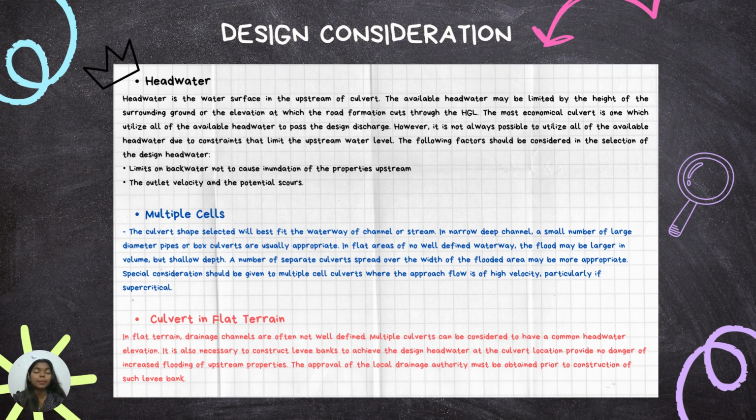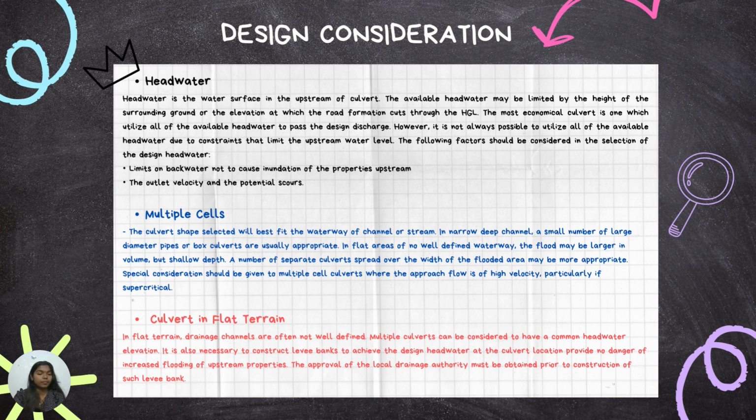A number of separate culverts spread over the width of the flooded area may be appropriate. Special consideration should be given to multiple cell culverts where the approach flow is of high velocity, particularly what is called supercritical.